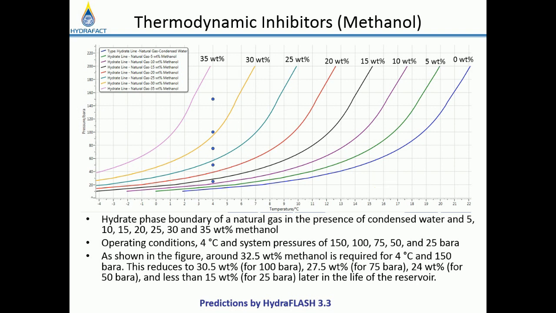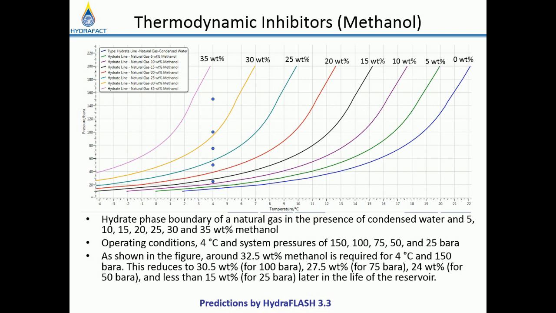Also on this figure, we can see several operating conditions. For example, assuming the minimum seabed temperature is 4 degrees Celsius, and we can assume the initial reservoir pressure is 150 bar. So that's the worst condition in the beginning. And then gradually with depletion, reservoir pressure drops. So these are different operating conditions during the life of the reservoir.